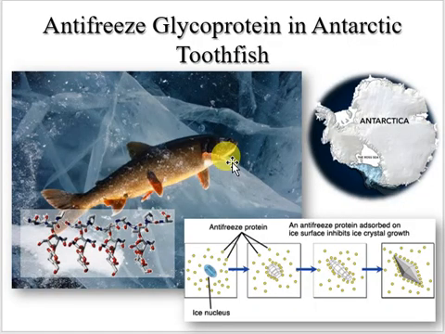Similar concept with the Antarctic toothfish. I think it belongs in the cod family. They inhabit the frigid waters surrounding Antarctica, and they're unique because they're able to persist in these extreme environments because they have a glycoprotein in their blood that serves as antifreeze.